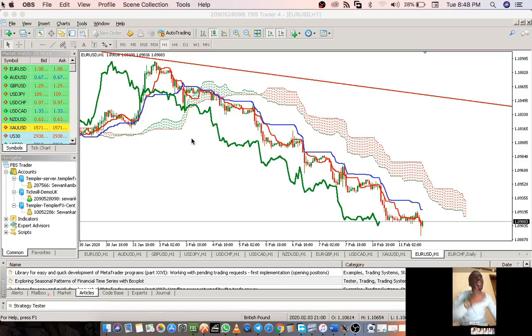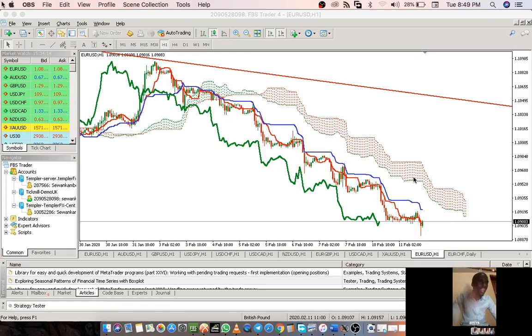If the opposite happens, it means the market will be going up, that is, if it crosses from below going above. So if you want to master this, just realize that if the green line crosses the green cloud, it's a sell. When the green line crosses the red line, it signifies a buy.